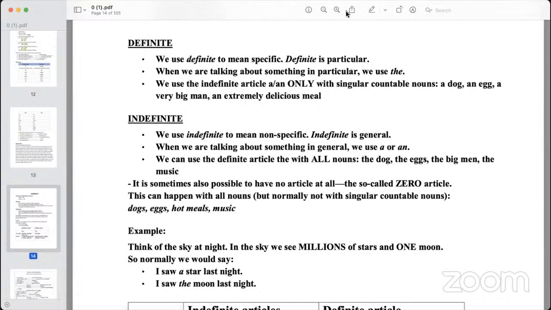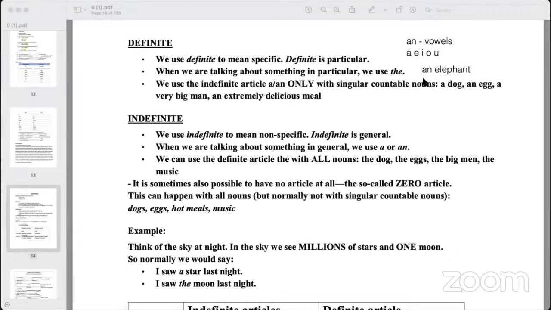Now, another tip that you can use to remember: you use an for any words that start with a vowel. Vowels are A, E, I, O, and U. So if you find any words that start with A or E, for example, elephant, you won't say a elephant, you would say an elephant, because it starts with one of the vowels.